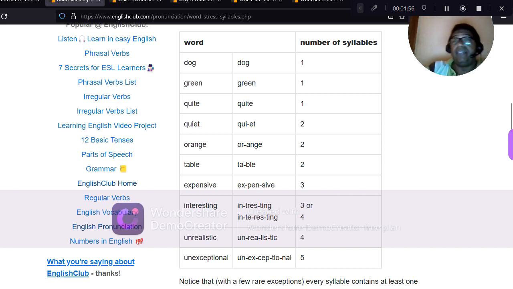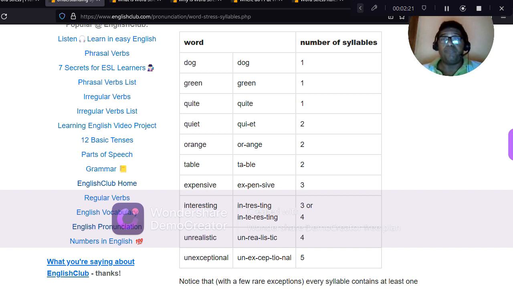Let's take a look at this list. We have the word dog. Number of syllables, it only has one. Green. The word green has only one syllable. Quite. Now, be careful because in Spanish, we tend to pronounce words just as we see them.